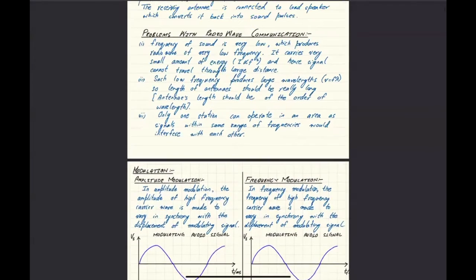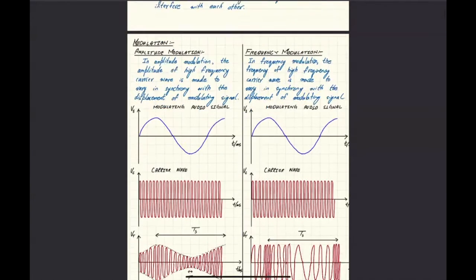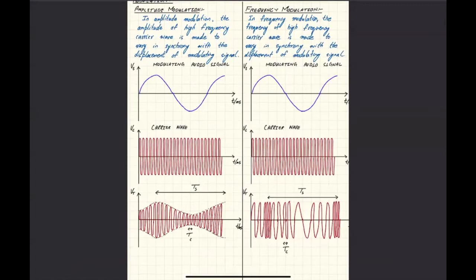So as part of your transmission system, you will have two more components. One is a modulator on the left hand side, and the other is a demodulator on the right hand side. What the modulator does is analyze the audio signal, and it has an already set frequency of transmission, and it changes the amplitude of the carrier wave in synchrony with the audio signal.